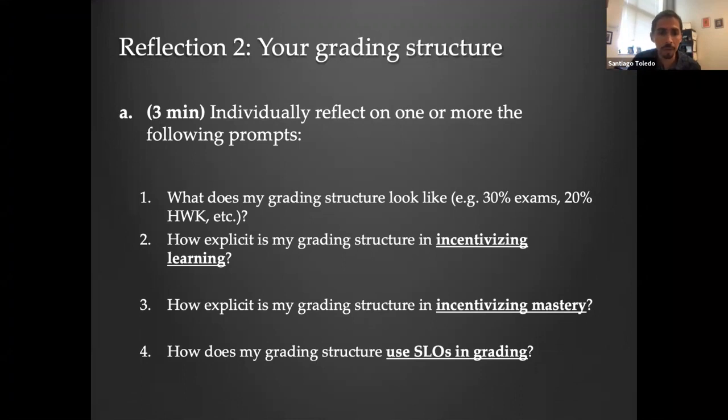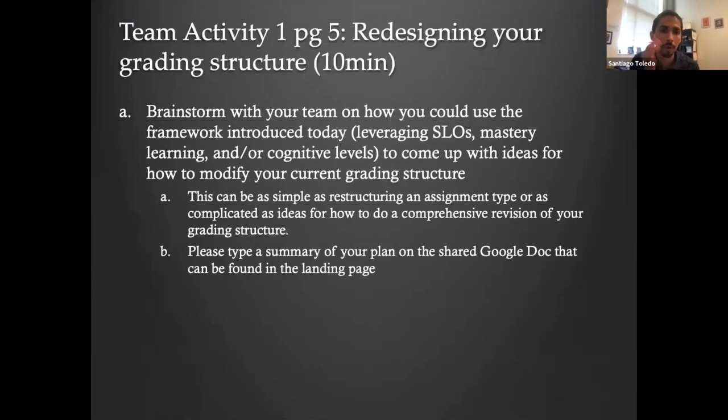Ideally, if you do more work with your department, you might think about taking an assignment in your class and restructuring it from the perspective of mapping to SLOs, providing more opportunities for mastery, or thinking about how the cognitive levels might work in this context. That's what I was hoping to do a little more communally, but I think we have a good conversation going, so we can talk a little more.